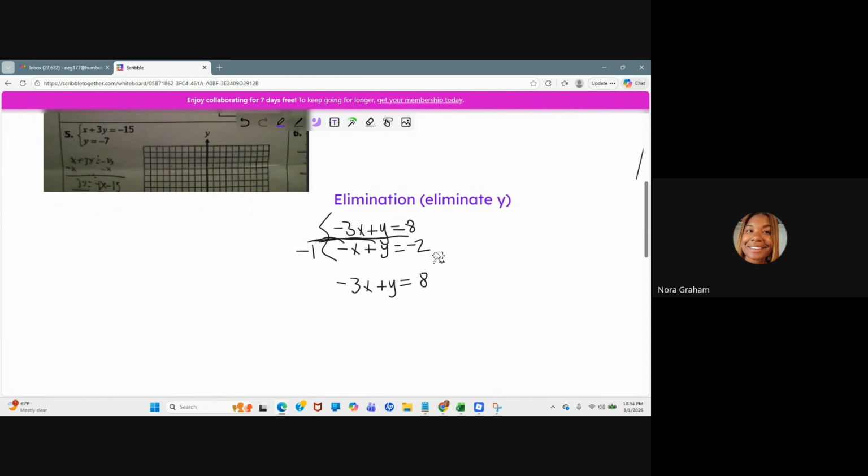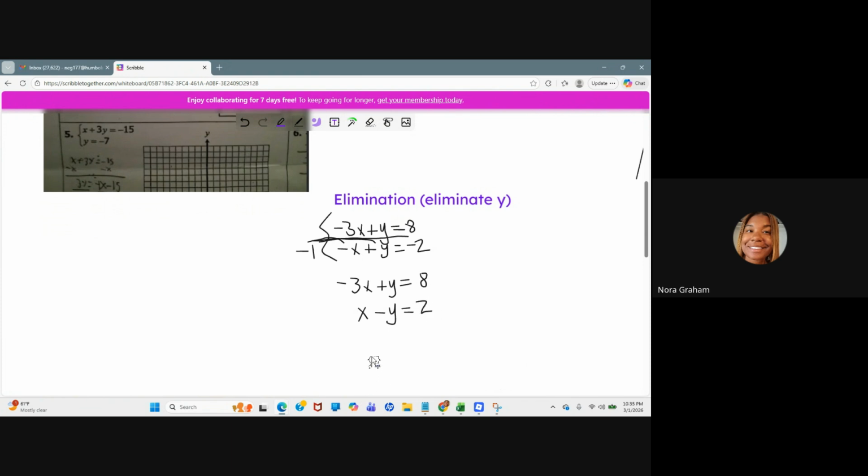From there, I just distribute this through. -1 times -x is just going to be +1x or just x. -1 times positive y, that's going to be -y, which we wanted. And then -1 times -2 is going to be a +2.